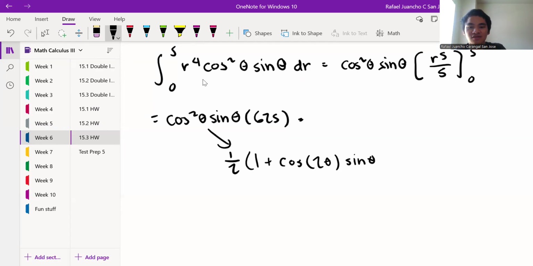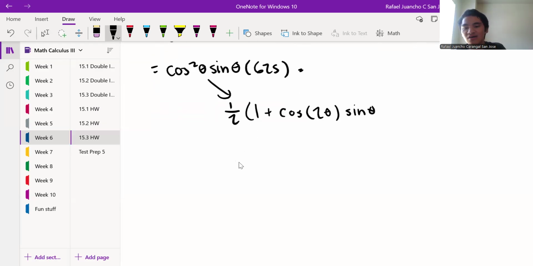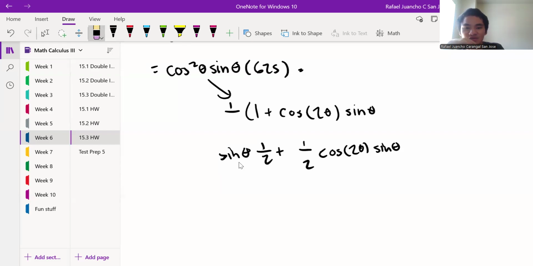I'm trying to think of a nice way to simplify this. Or I think I made this one worse. Yeah, this is a half plus a half. Oh, but then I get everything half. There's also sine. Oh shoot, that just got even worse.